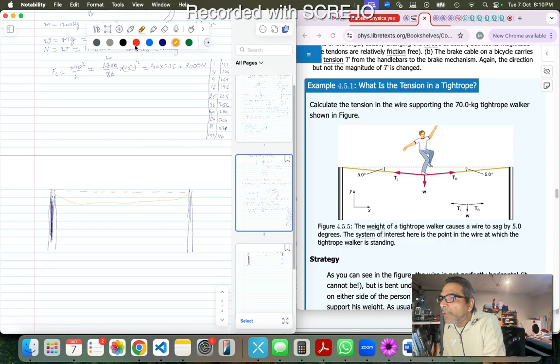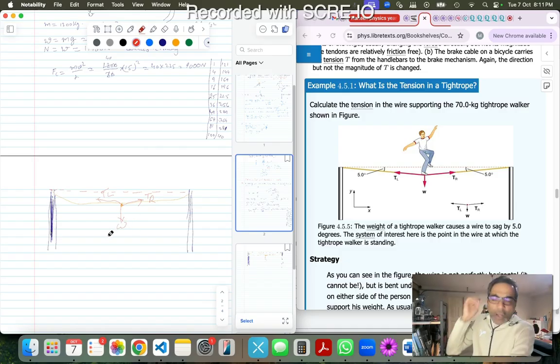And now we know that there will be a tension which is moving towards the right, there is a tension which is moving upwards, and then there is a weight which is pulling downwards.